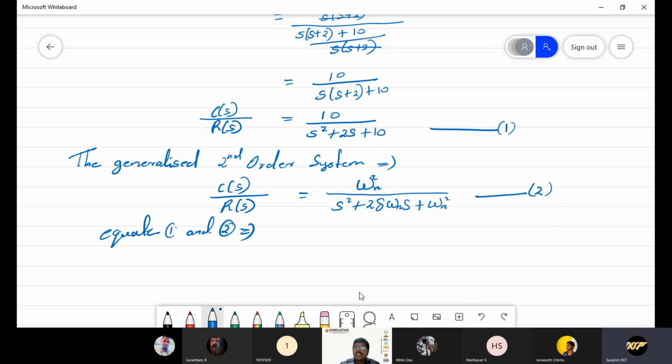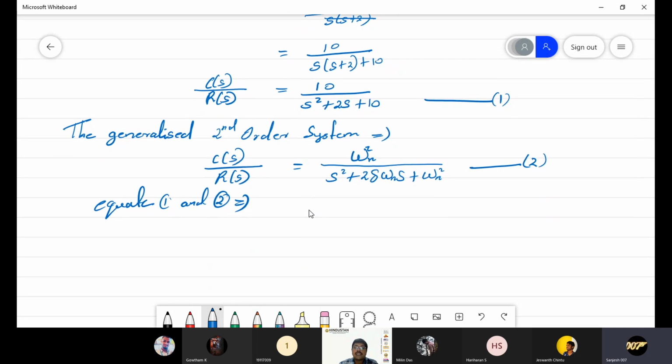These we derived earlier, the generalized system. After solving this transfer function, we get to know whether the system is first order or second order. If it is a second order system, we have to equate with the second order equation. All right, I hope you understood.